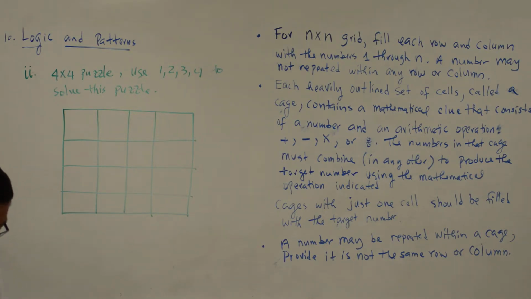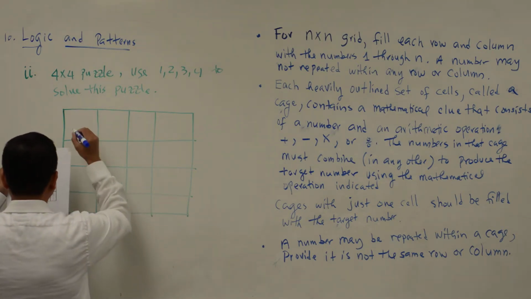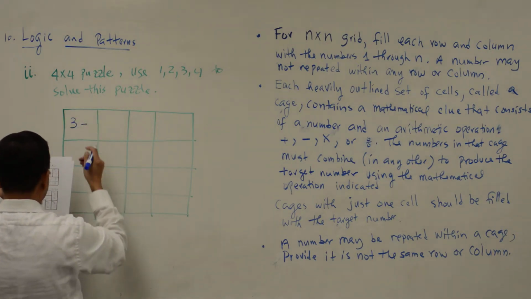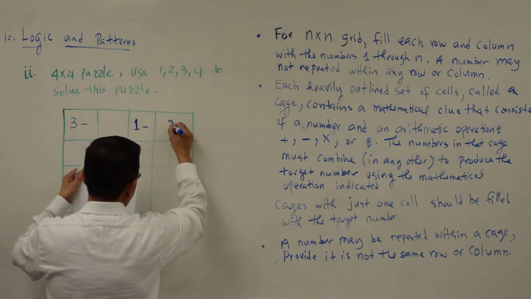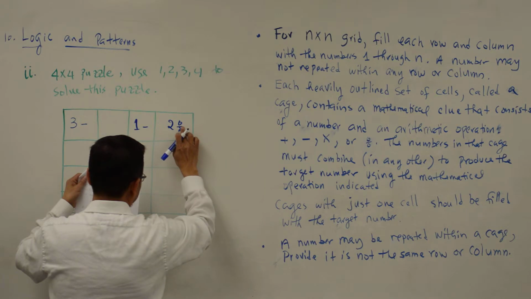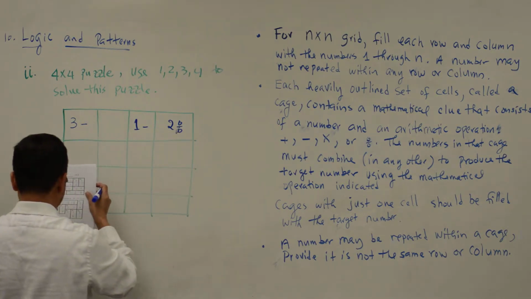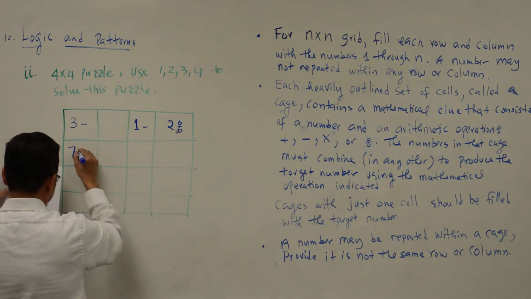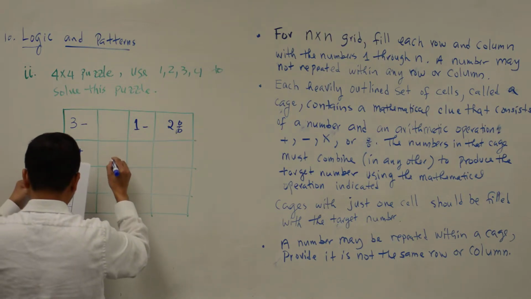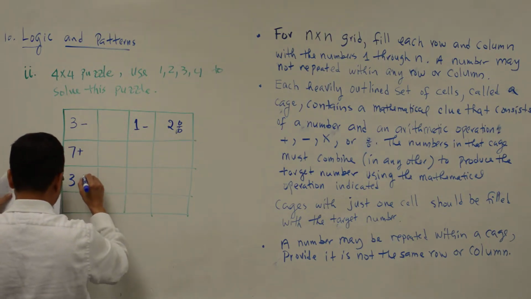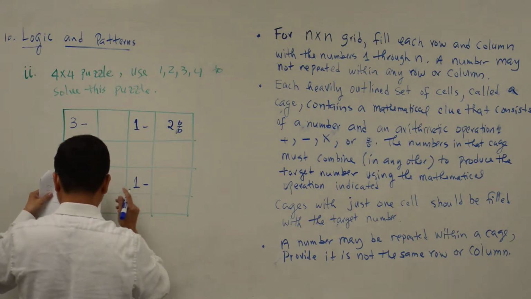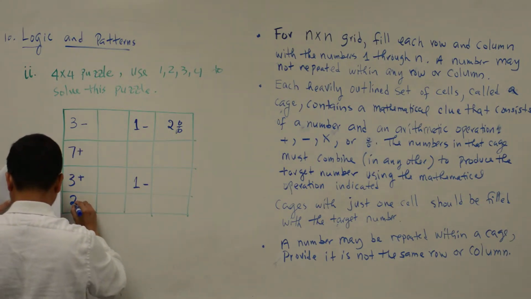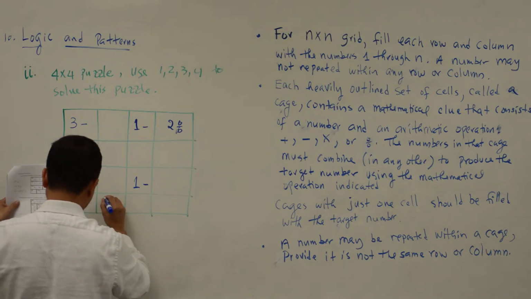So we have 3 minus, 1 minus, 2 divide, 7 plus, and 3 plus, 1 minus 2 here, then 12.